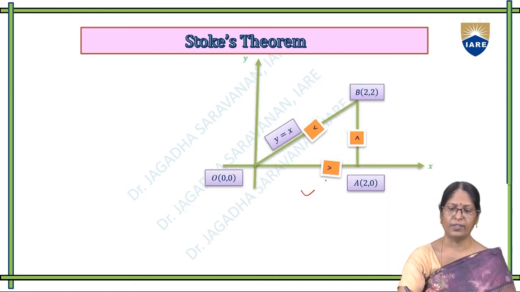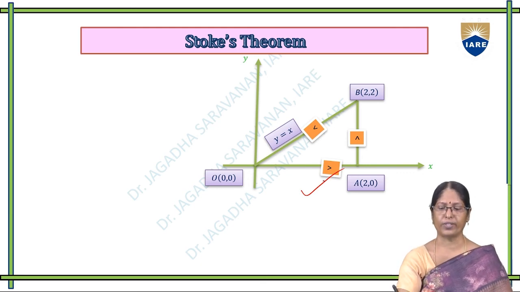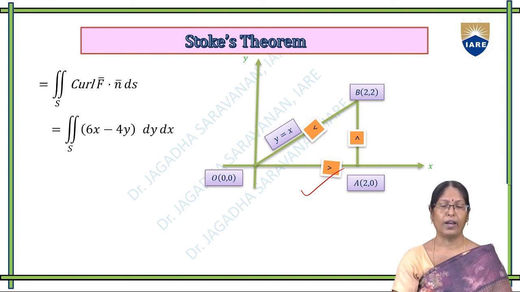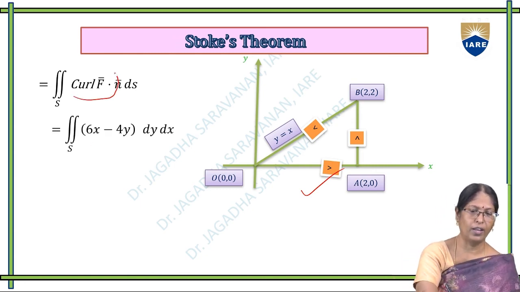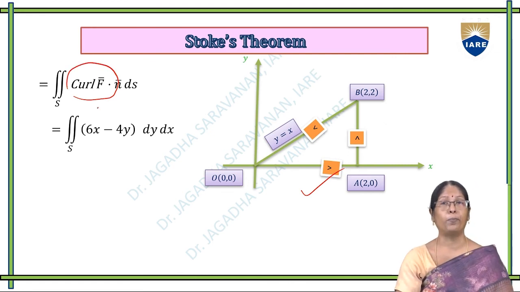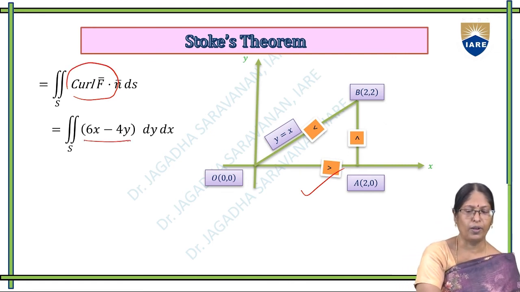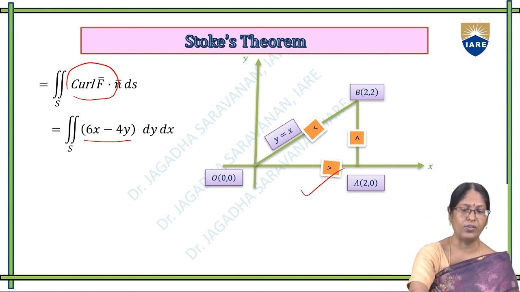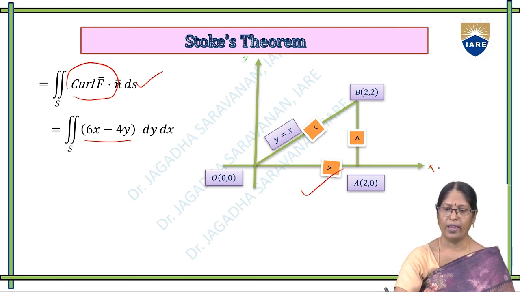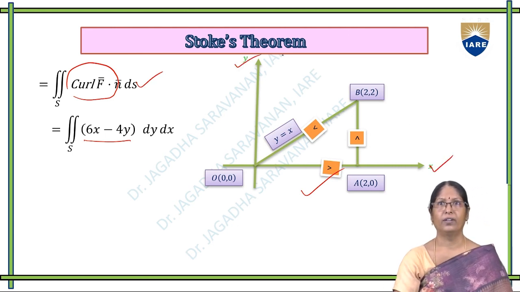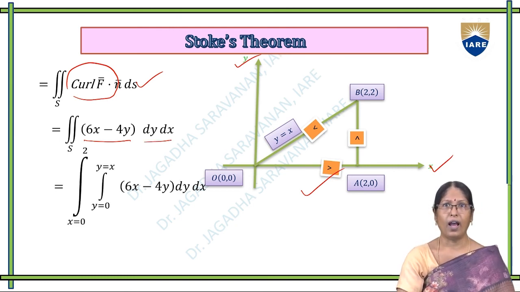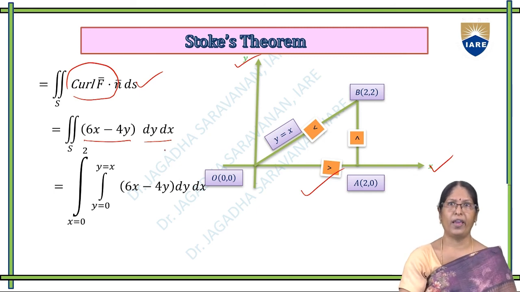Curl F dot n is what we obtained, 6x minus 4y, and dS is in the xy plane, so it is written as dy dx.